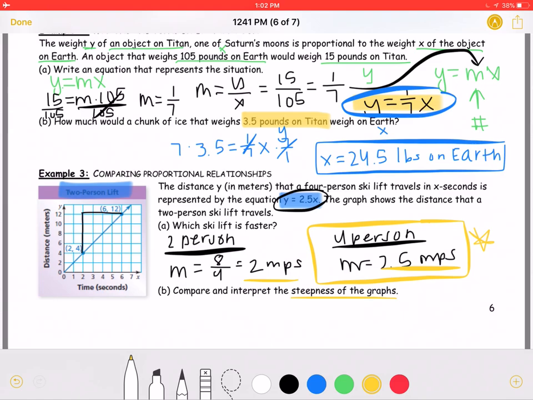Remember, slope represents the steepness of a line. The larger the slope, the steeper it is. So the 4-person lift would be steeper because 2 is less than 2.5. That's the steepness or the slope. So our 2 versus our 4-person lift, the 4-person lift would be steeper.